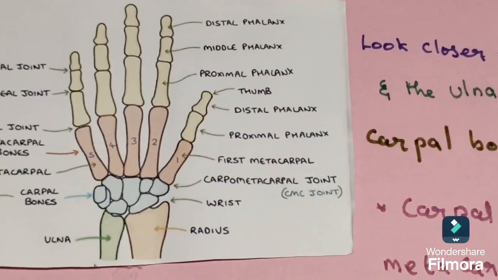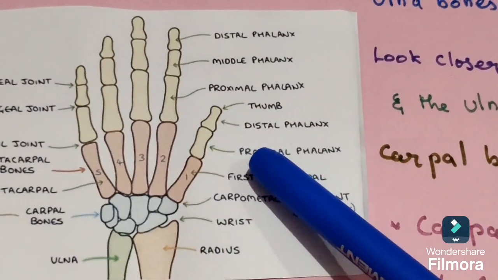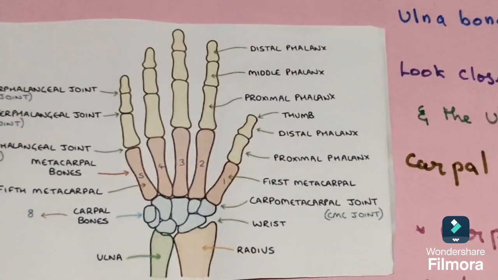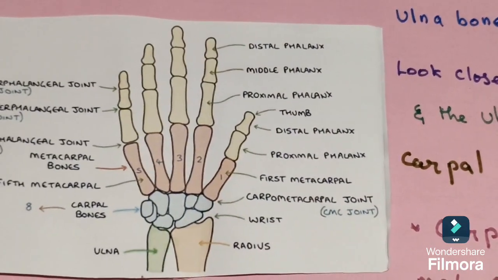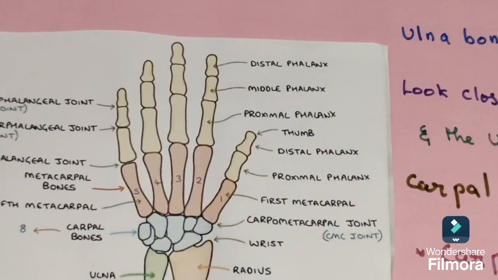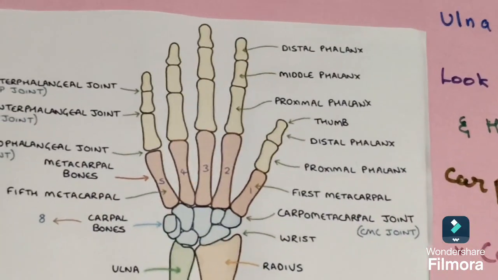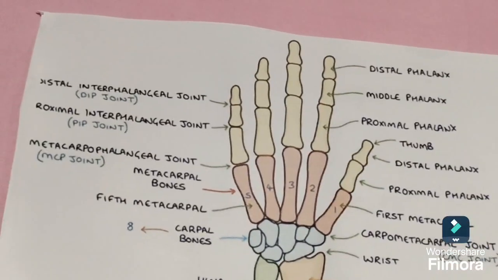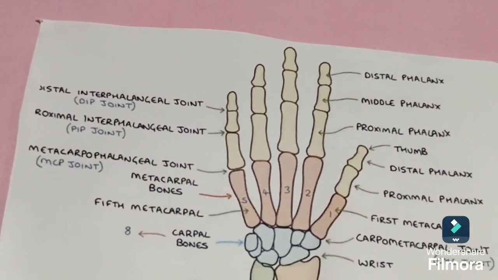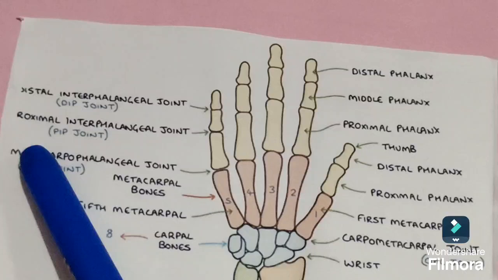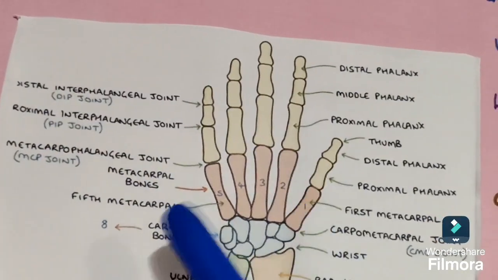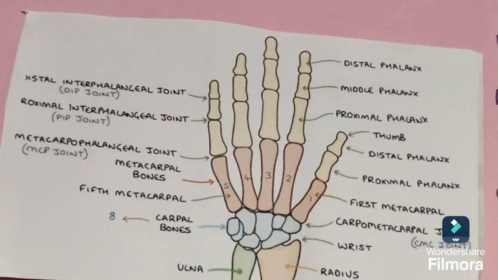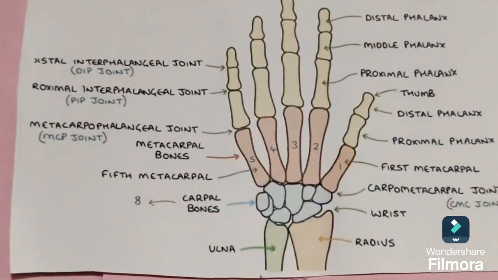The thumb only has a proximal and distal phalanx. If we move from the base to the tip of each finger, there is the metacarpophalangeal joint, called the MCP joint.